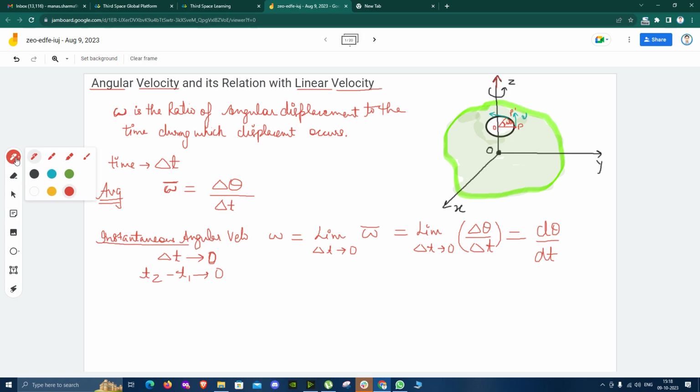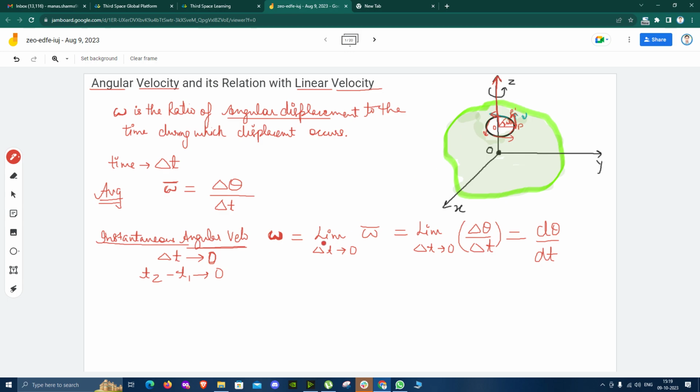Now, angular velocity is a vector, but it's an axial vector. In other words, it follows the right hand thumb rule in order to find its direction. So this vector omega, the angular velocity vector, its direction can be found using the right hand thumb rule, where the fingers show the direction in which the particle is moving, and the direction of your right hand thumb accordingly will show you the direction of the vector itself.